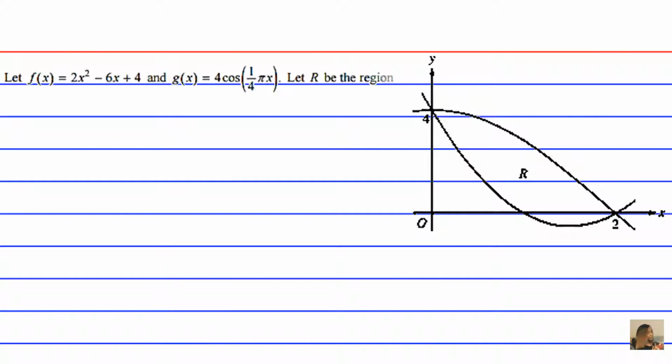Let f of x equals 2x squared minus 6x plus 4, this curve right here, and g of x equals 4 times the cosine of 1/4 pi x, this curve right here.